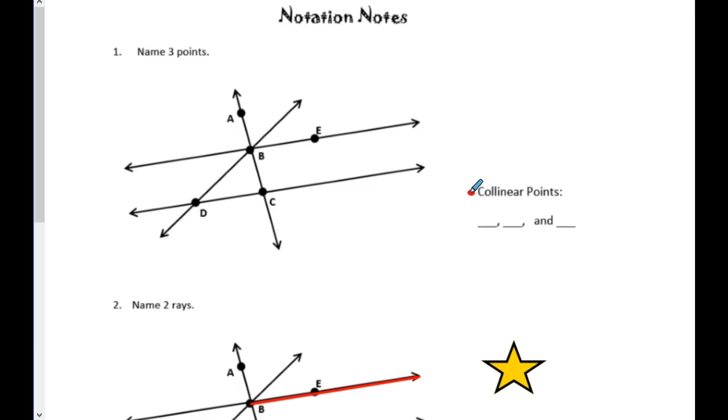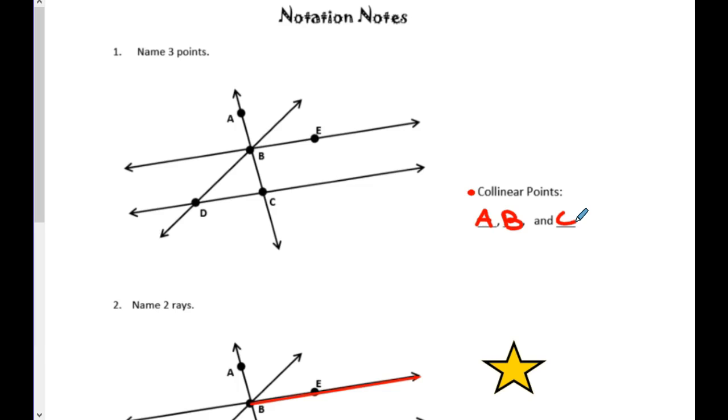So, collinear points. How do I notate points? Just one capital letter. Easy. A, comma, B, and C. Now, if I asked you for 2 collinear points, what other options would we have? DC is collinear.